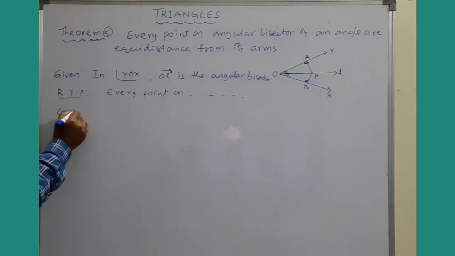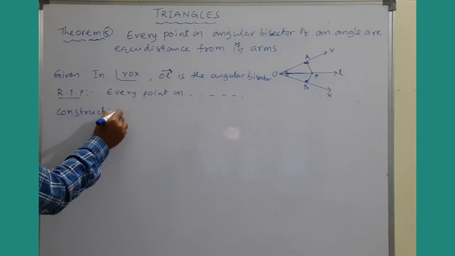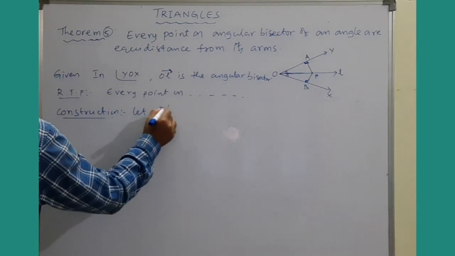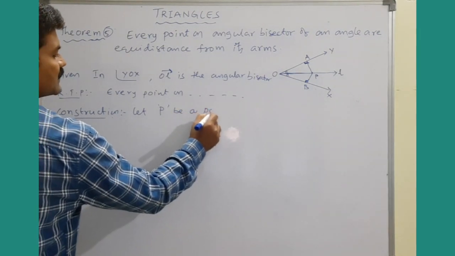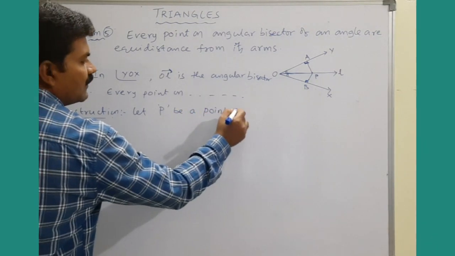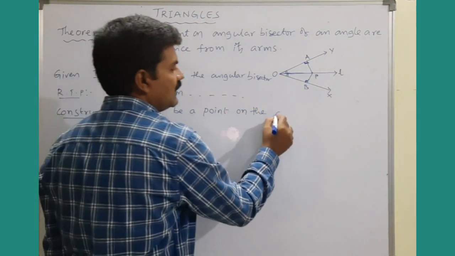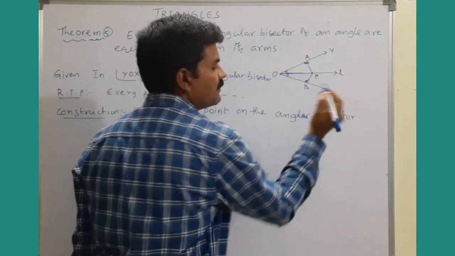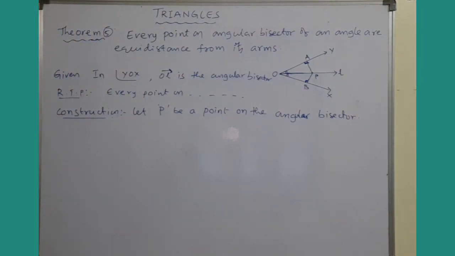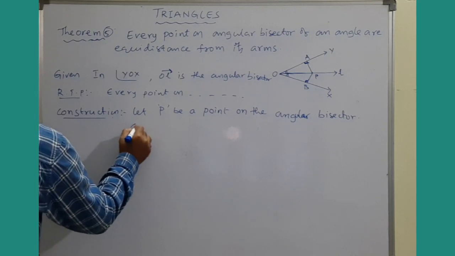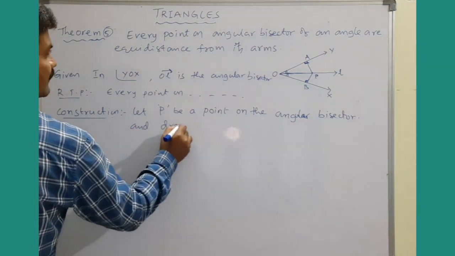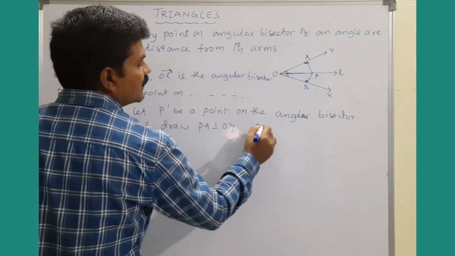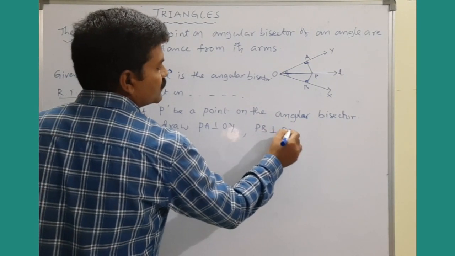And coming to construction part, let P be a point on the angular bisector and draw PA perpendicular to OY, comma PB perpendicular to OX.